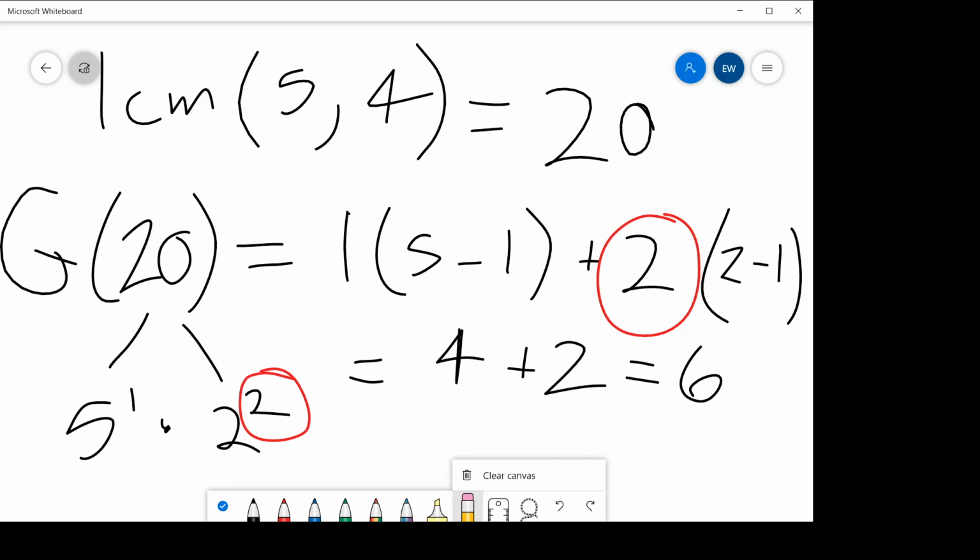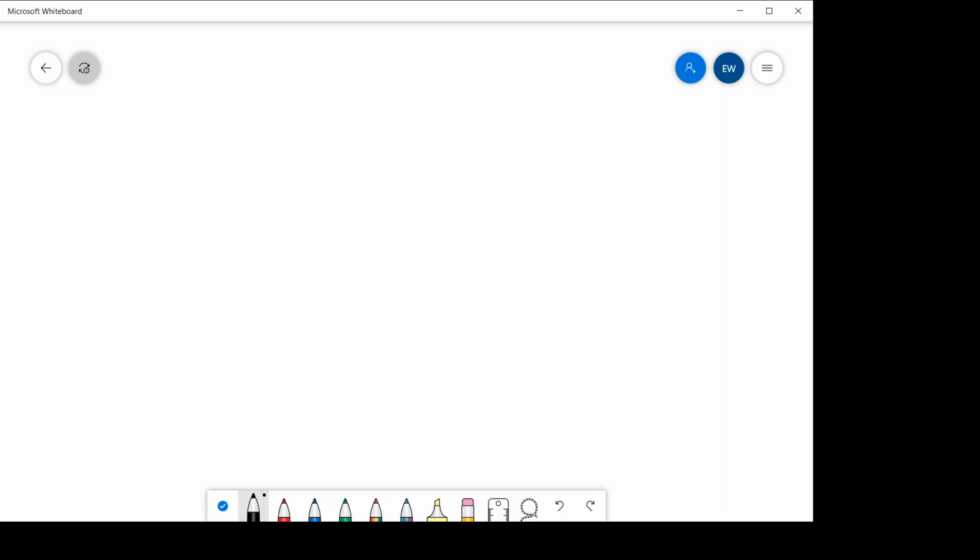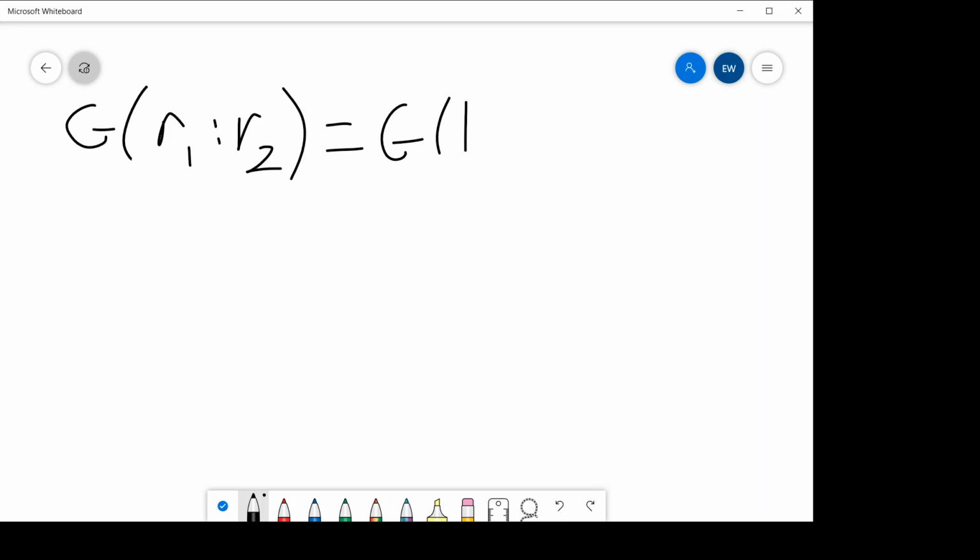I know there's a couple more mathematically literate people. So in total, g of a ratio R1 to R2 is equal to g of the least common multiple of these. Oh goodness, my handwriting is getting terrible.